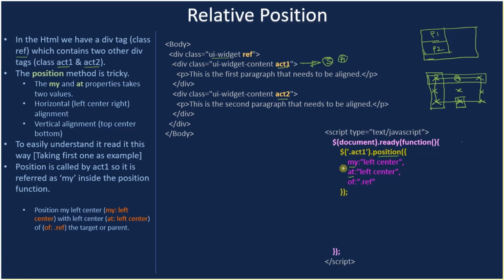So now if you read this, act1 is calling the position, and it is telling that align my left center with the left center of ref. The ref is the parent. So here we are talking about two elements. This is the outermost one, and that is the ref. And act1 is referring to the first div that is containing paragraph 1.